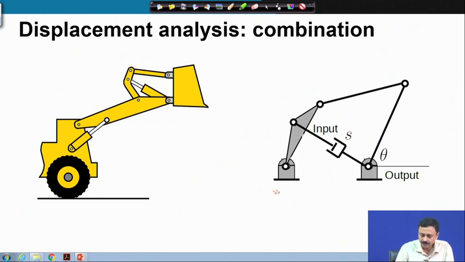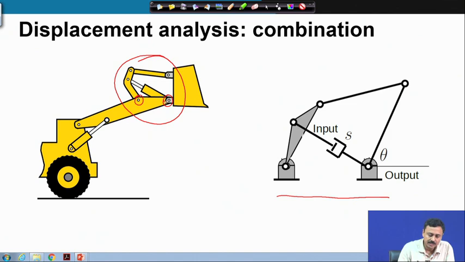Here I have considered this part of the mechanism, which is represented here. I have made these two hinges as the ground hinge of this mechanism. There are two ground hinges.